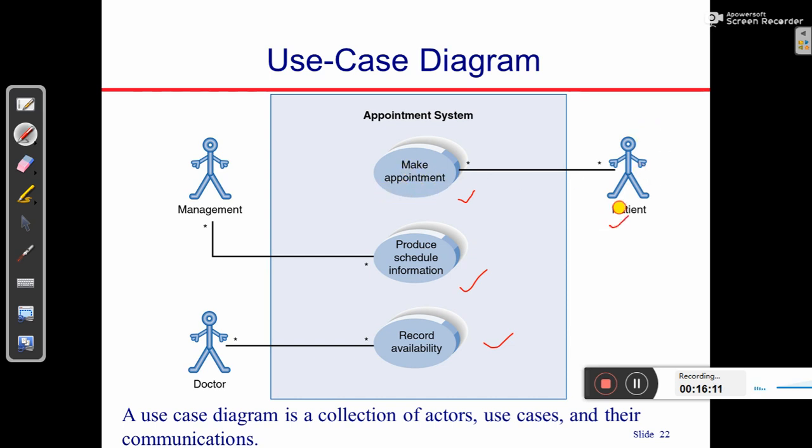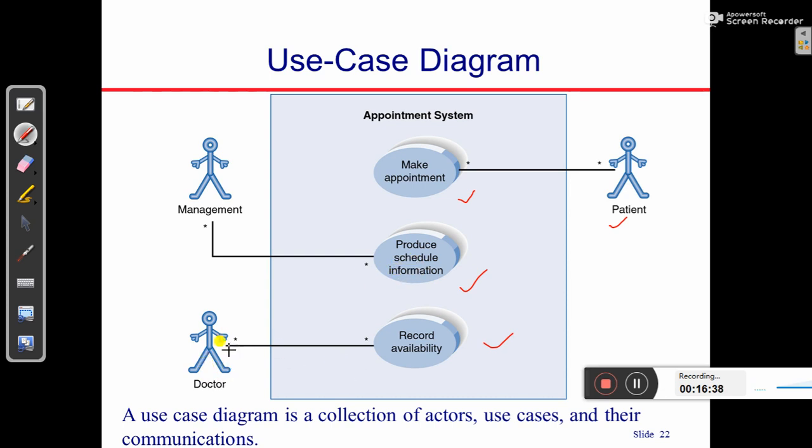Here patient star means 0 or more. So 0 or more patients may interact with the make appointment use case. Management may interact with the produce schedule information use case.